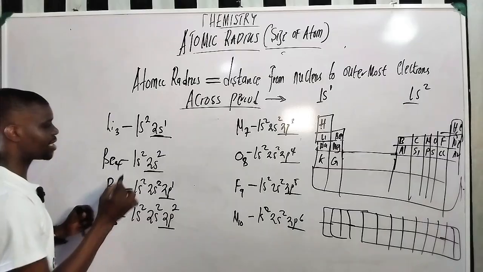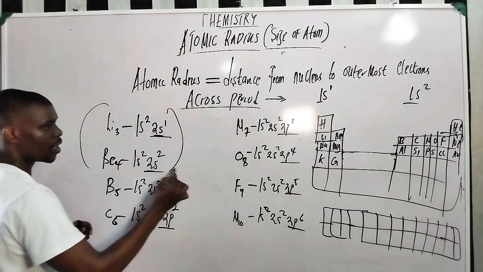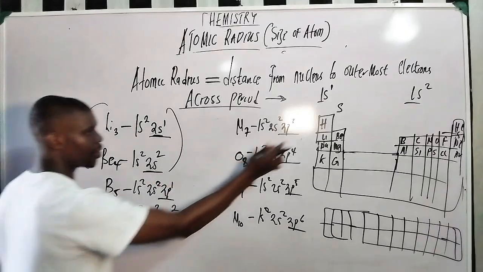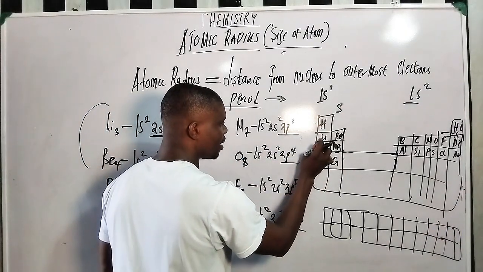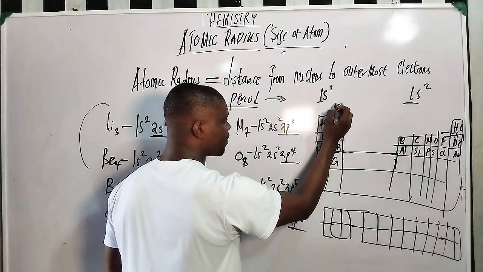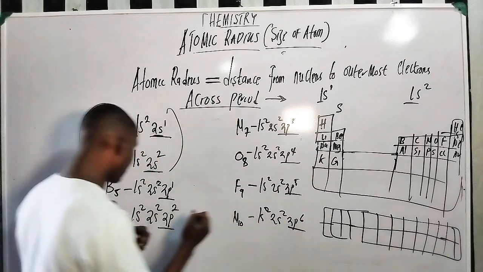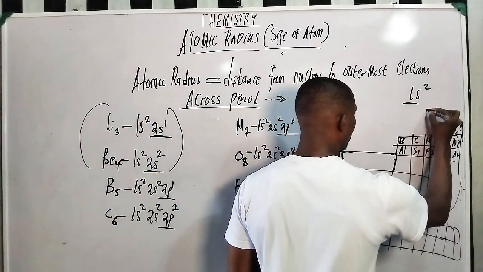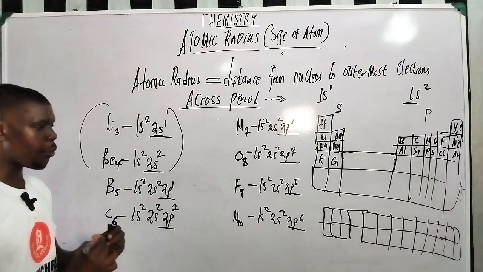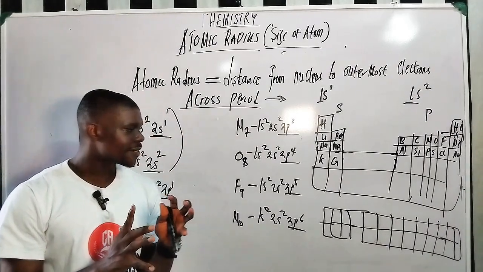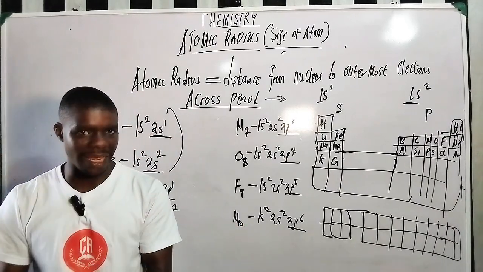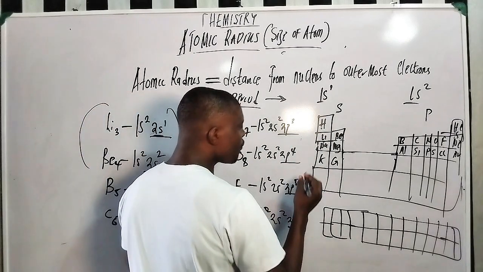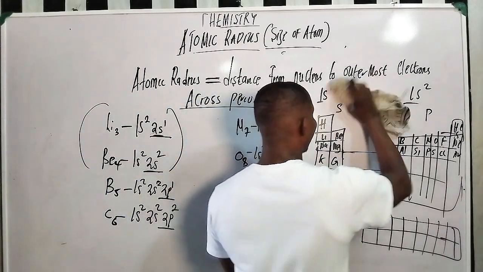The difference is that these two are in block S, because if you look at the block here, lithium and beryllium are in block S. But from boron to neon, they are in block P. That's what you're seeing here. But we can see that they have the same energy level, as we move from left to right.